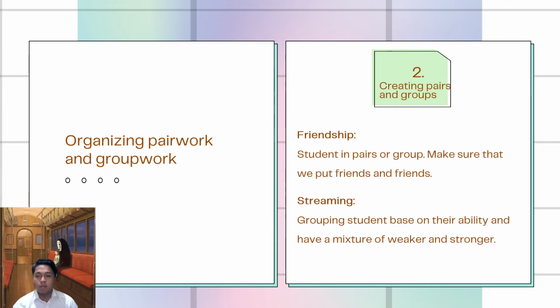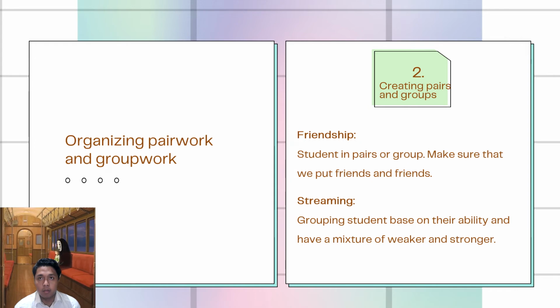And then after that, it's how to create pairs and groups. The first one is friendship. For students in pairs or groups, make sure that we put friends with friends. So it's called friendship.